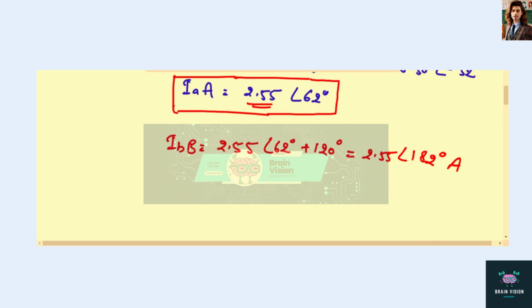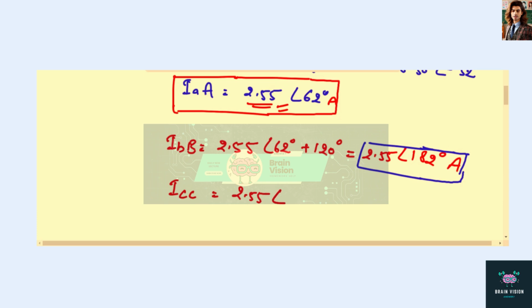Similarly, for I_cC, the magnitude will be the same as I_aA, which is 2.55, and it will lag by 120 degrees.